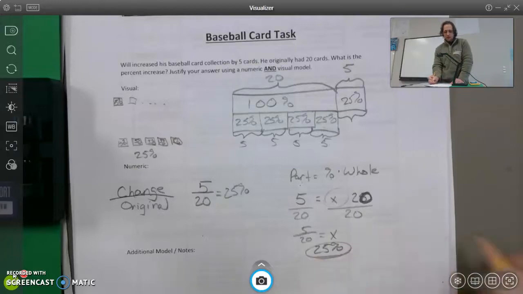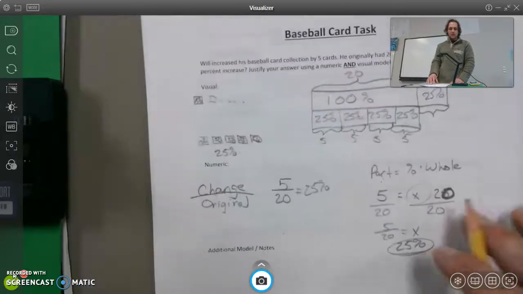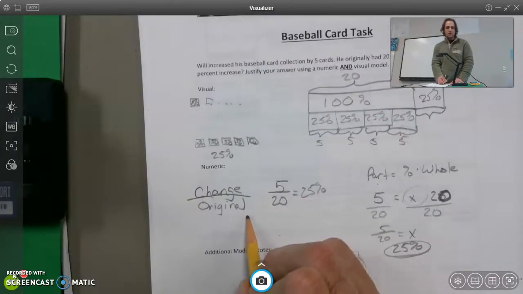The idea here is that we are comparing the new part, which is this addition, or perhaps it is a decrease. Either way, we're comparing this change to whatever our original amount is, and that is the key. The denominator here is always going to be your original amount.